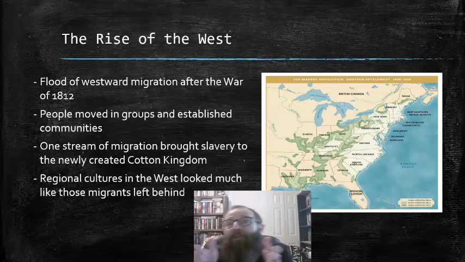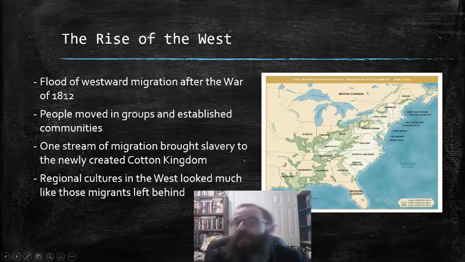Migration generally took a direct east to west pattern, so that southern migration generally reflected a migration straight west into the newly expanding territories such as Alabama, Mississippi, Louisiana, etc. Northern migration generally took place from the old New England territories and Pennsylvania straight west into northern Ohio, Indiana, and Illinois.